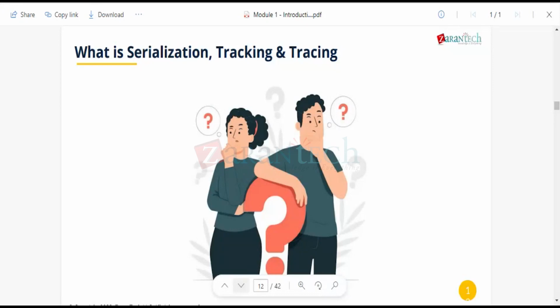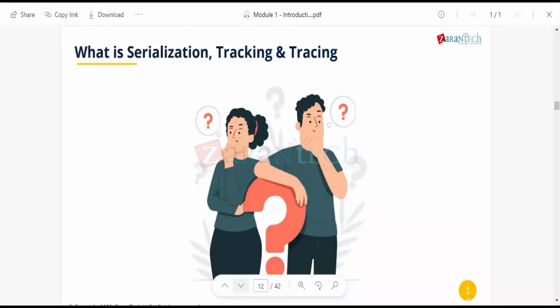For tracking purpose. Yes, tracking purpose. Exactly. When serialization comes, what comes into your mind? A unique number. Correct, there will be an associated serial number.